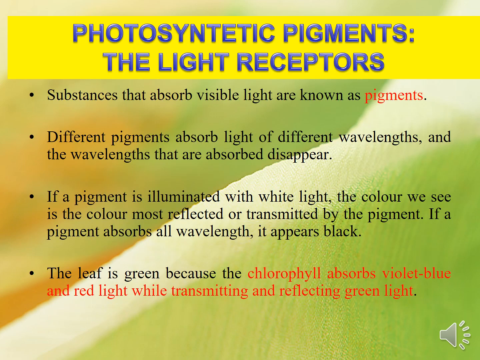In the leaf, if they do not have the pigment, or the receptor, they still cannot do photosynthesis, because the pigment is the substance that absorbs the visible light. Remember also that the leaf does not have only a primary pigment, but also another pigment, which we call the accessory pigment.